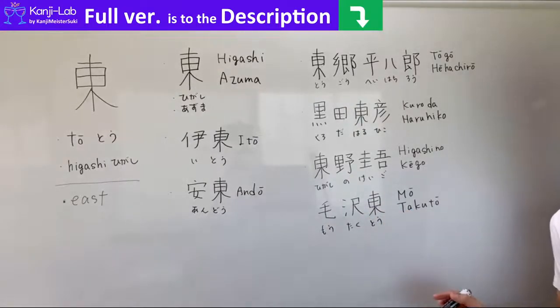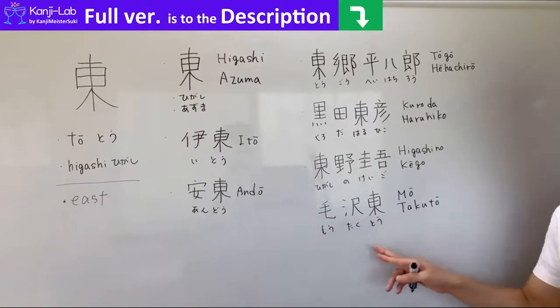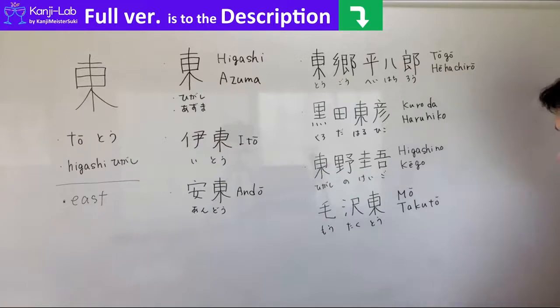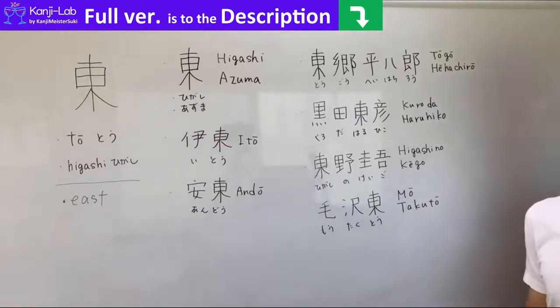He was President of the People's Republic of China. Japanese reading, Mo Takuto. Chinese reading is perhaps Mao Zedong. Okay, next.